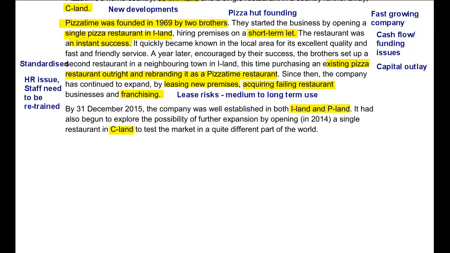And as we can see, it's different markets in a different part of the world, and it says here it's quite different. So what it could mean by that is the culture is very different, the customs of people are very different. It could be that Sealand is not as economically developed, and thus the citizens within Sealand do not have as much disposable income to spend on pizza or going out to restaurants to eat pizza.